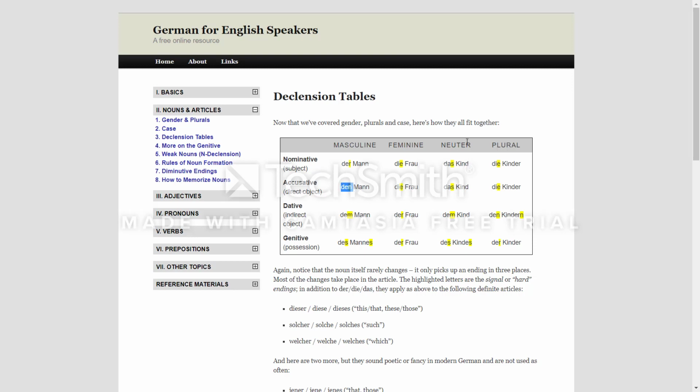So the feminine is taking E again, the neuter is taking an S again, plural is taking an E, but the masculine accusative is taking an N. So that's the point to remember. You repeat this line in the accusative, but remember the masculine accusative is taking an N.